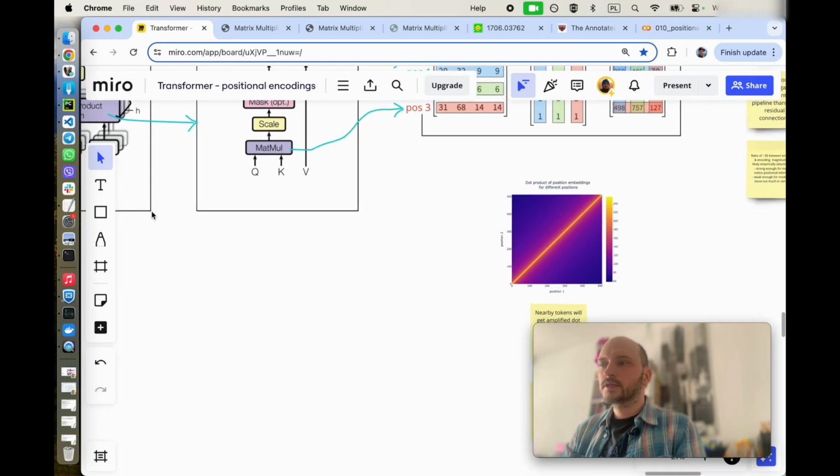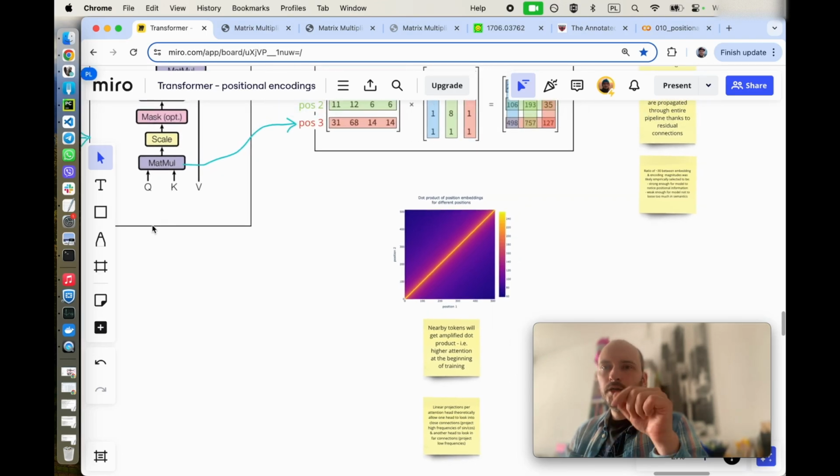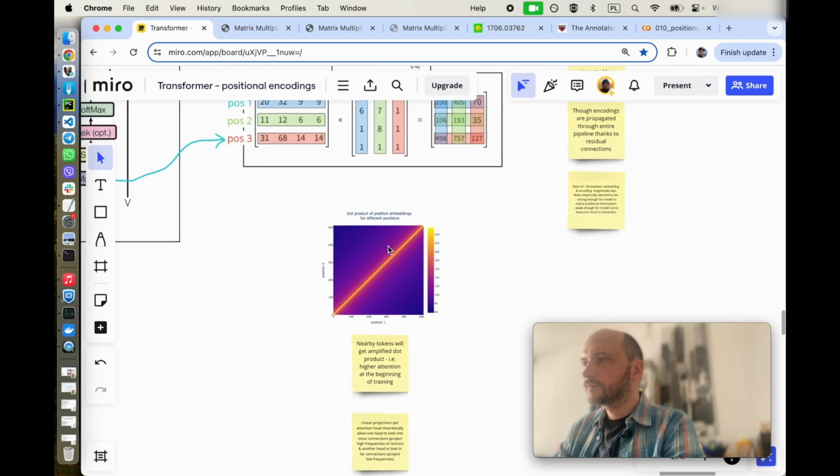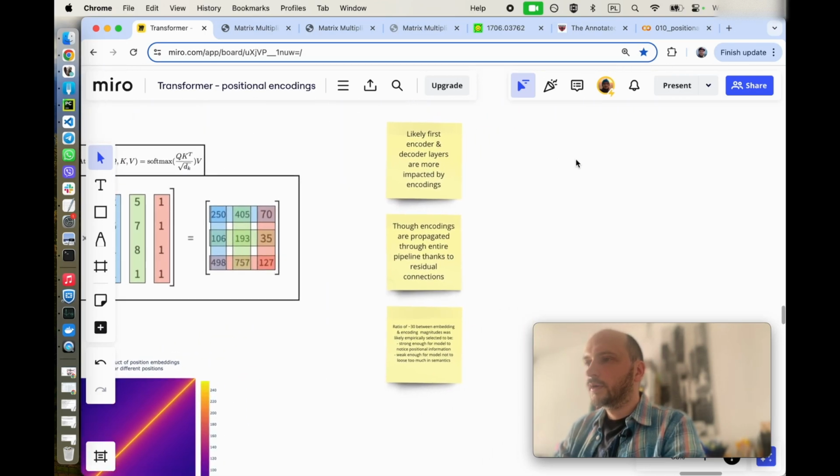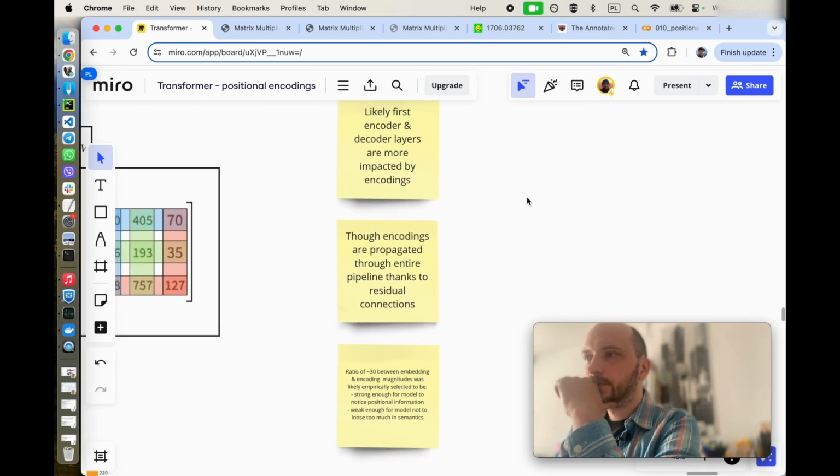Thus some heads may amplify closer connections and some heads may amplify more distant connections. So that's how I understand this intuition.